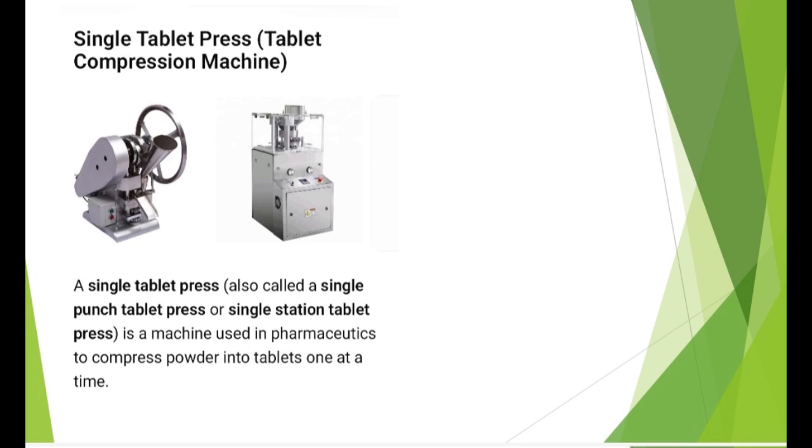But the single punch tablet press has only one die and one set of punches, so it produces only 200 tablets per minute. That's why the rotary press is used for large scale production.